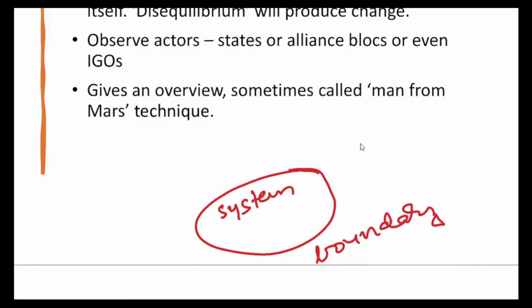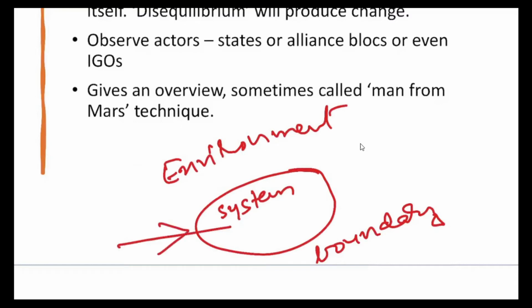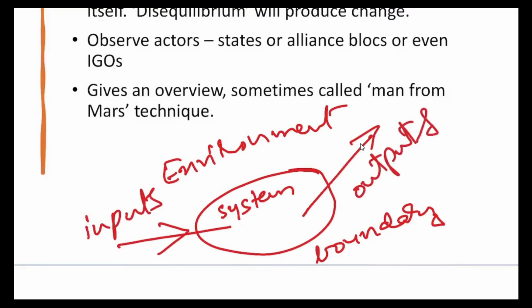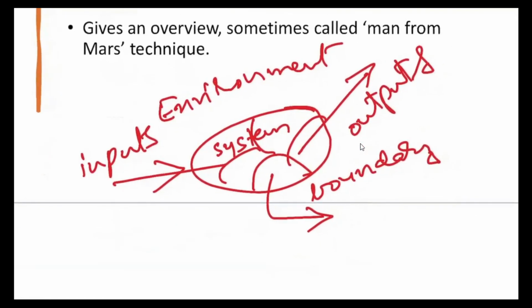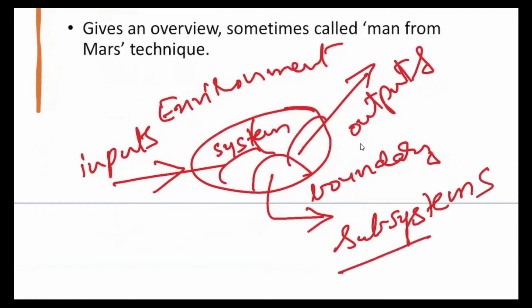Systems have boundaries. And outside the boundary is called environment. From the environment, the system takes what are called inputs. And the system gives what are called outputs. And the system has parts. These parts are called subsystems, and these subsystems are interrelated.